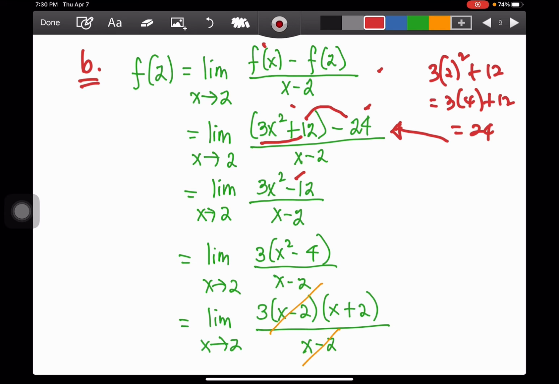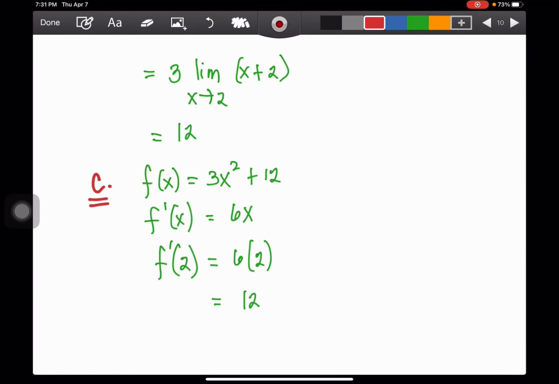So you have 3x squared minus 12 all over x minus 2 as x approaches 2. Then you take out the common factor, which is 3. So the leftover is x squared minus 4 all over x minus 2 as x approaches 2. And then you factor x squared minus 4, difference of 2 squares. So you have 3 times x minus 2 times x plus 2. And then do cancellation because you can see that the binomial in the numerator, x minus 2, is the same as the binomial in the denominator.